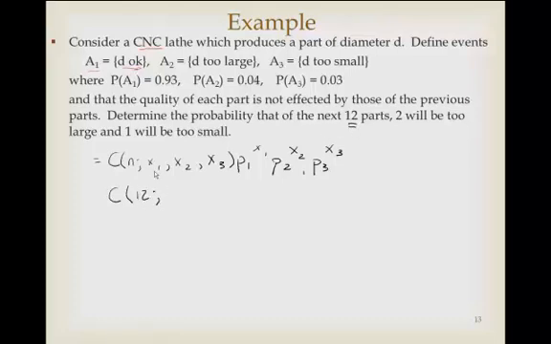What is our x1? They're saying 2 will be too large and 1 will be too small. So what does that leave? There's some left over here, and that means there's 9 that's x1, and we'll call that okay. x1 is going to be okay, and there's 9 okays. x2, let's make that too big.